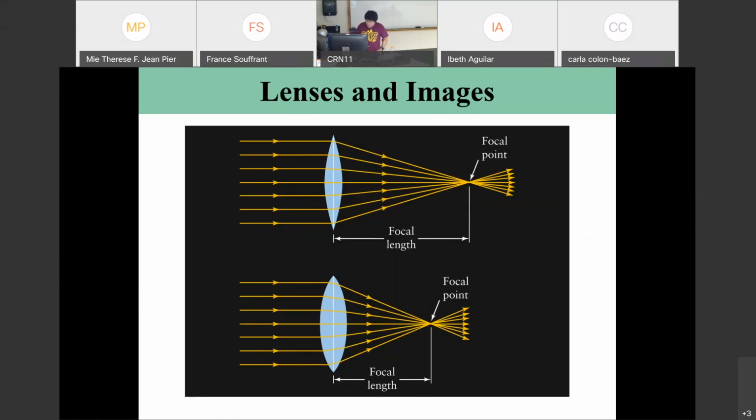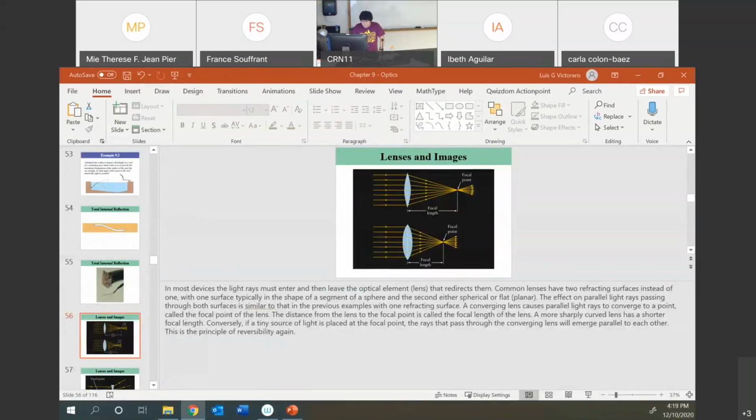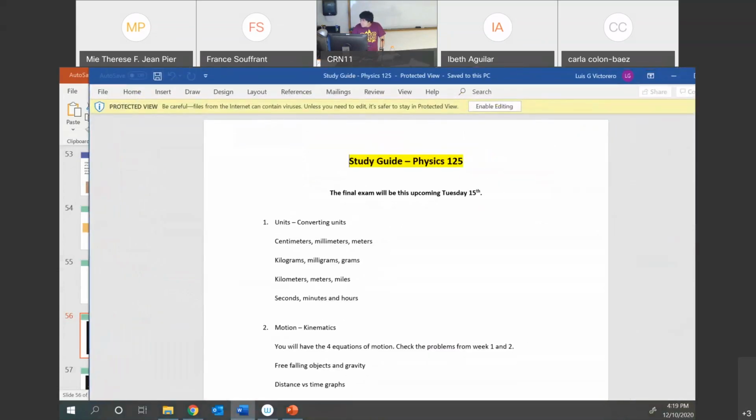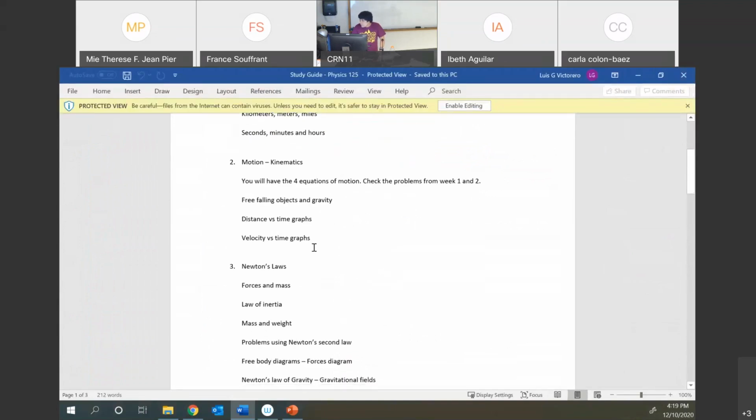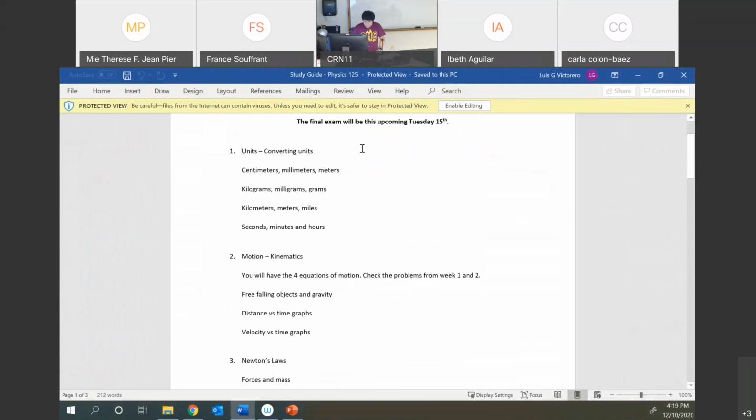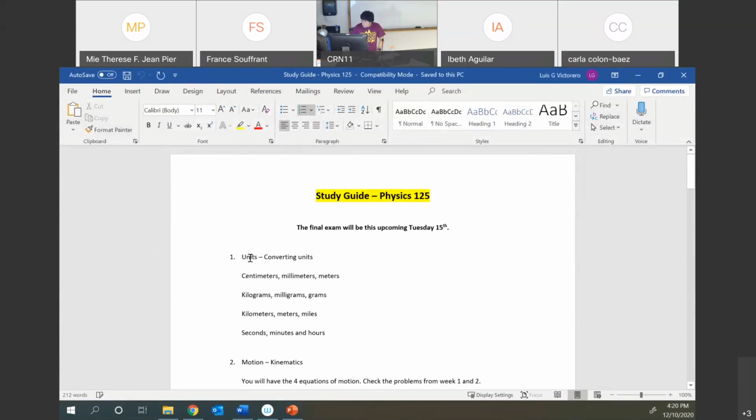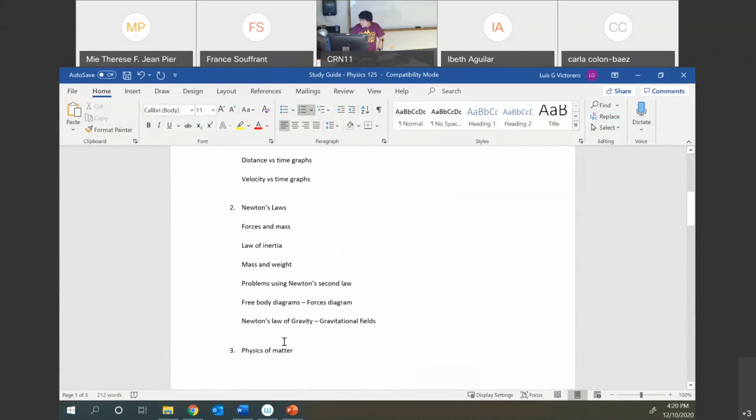All right, guys. So what I want to show you now is the study guide. As I said, this should be zero, there you are. So, three will be energy and work.